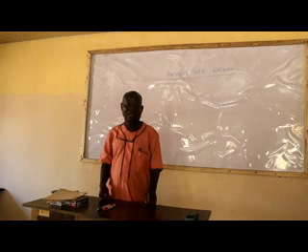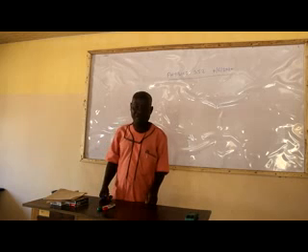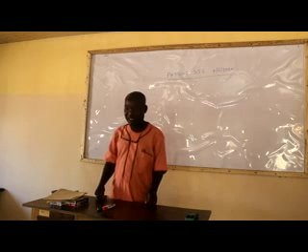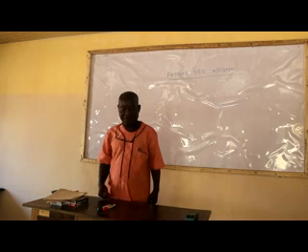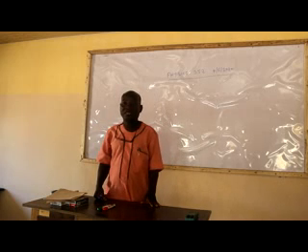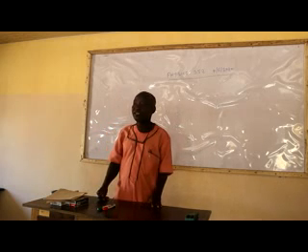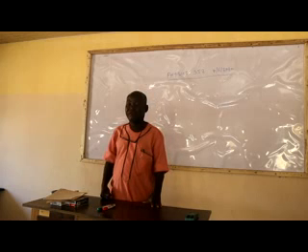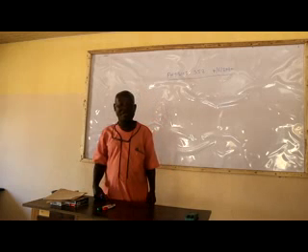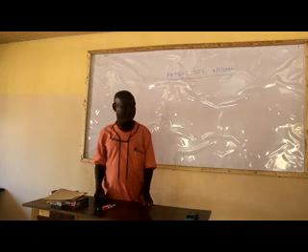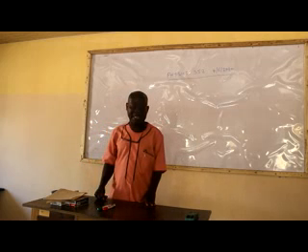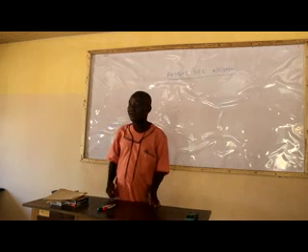We have two calculations I want us to do based on that topic. The first one is the number of images obtained when two plane mirrors are inclined at an angle.